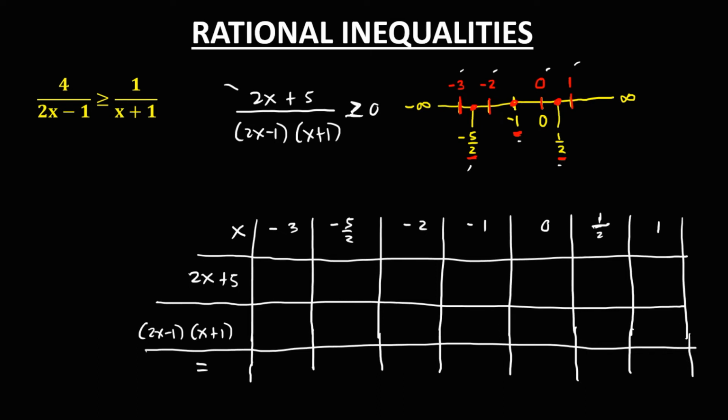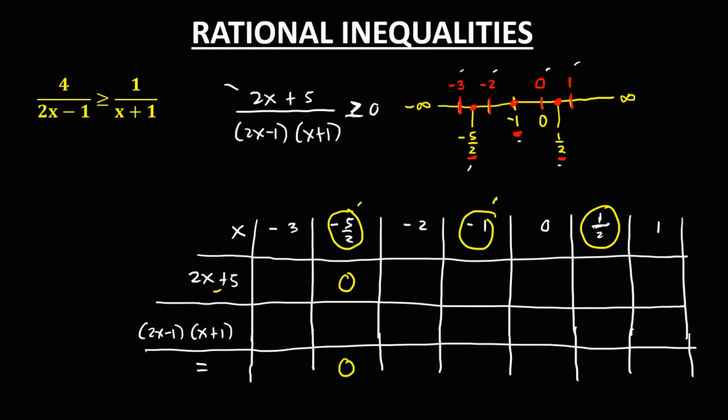So this time start with the critical values. So this -5/2, -1, and +1/2. So these are the critical values. If x is equal to -5/2, this equation becomes 0. And if the numerator is equal to 0, then the result is 0.